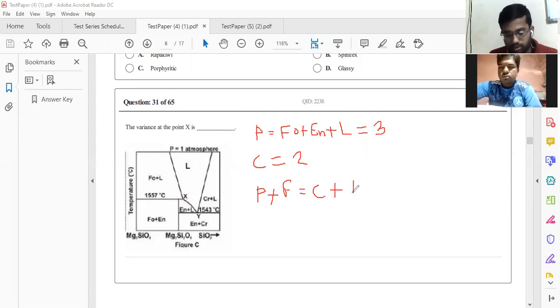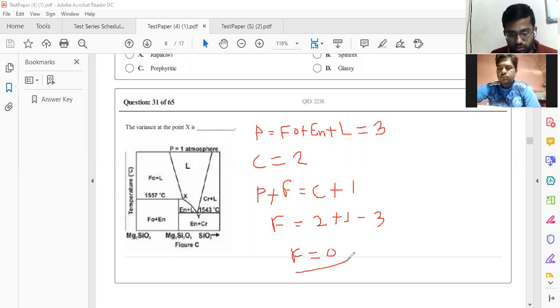Okay, so substitute the value, we'll get F is equal to, component is 2, so 2 plus 1 minus P, P is 3. Okay, so 3 minus 3, we'll get F is equal to 0. Correct?